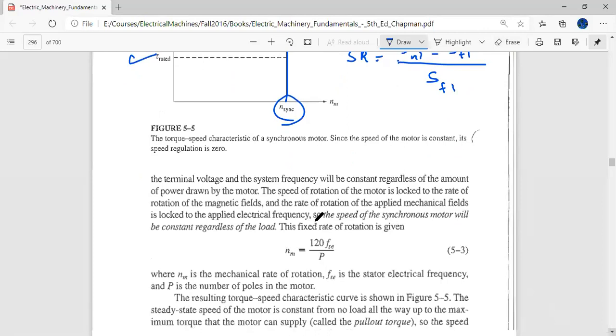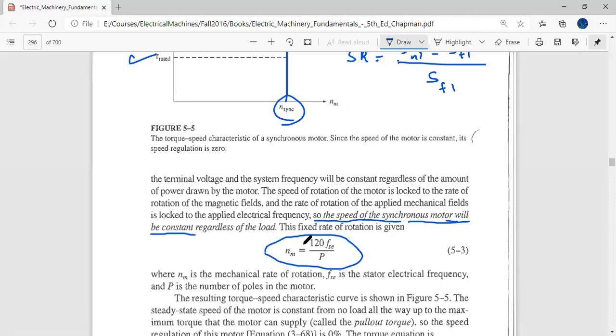Over here it also says that the speed of the synchronous motor will be constant regardless of the load. If you make changes in the load, the machine will only begin to run at a leading or lagging power factor, but its mechanical speed will stay the same.